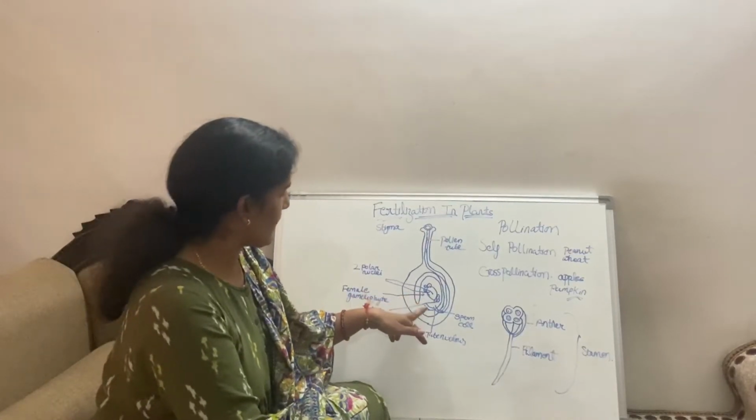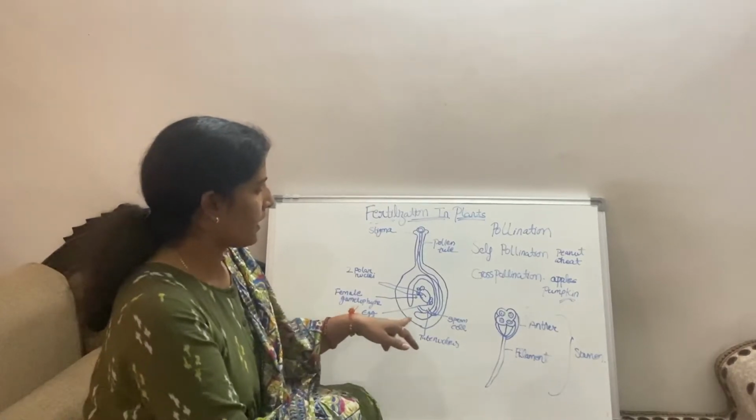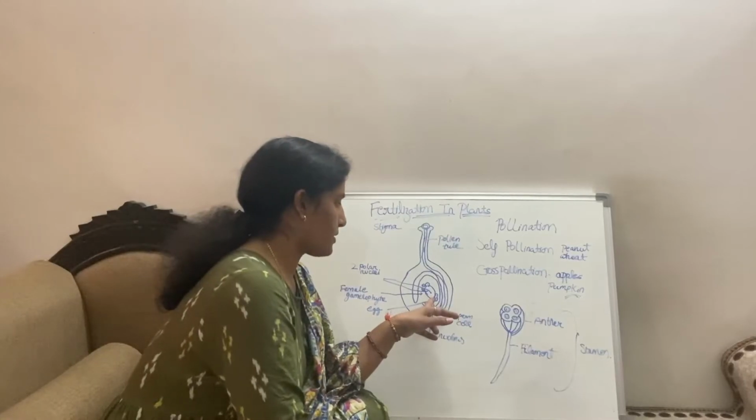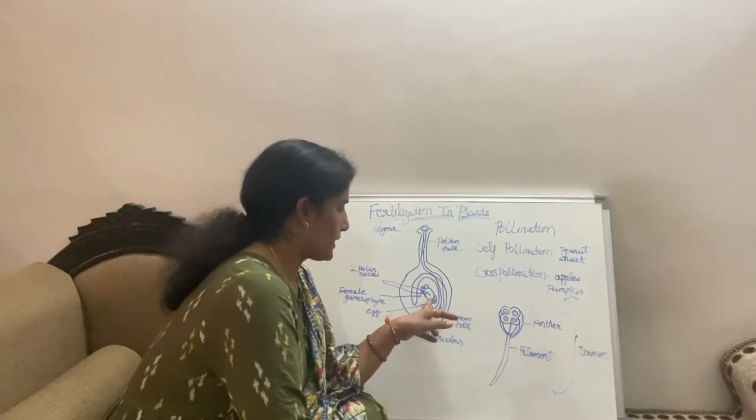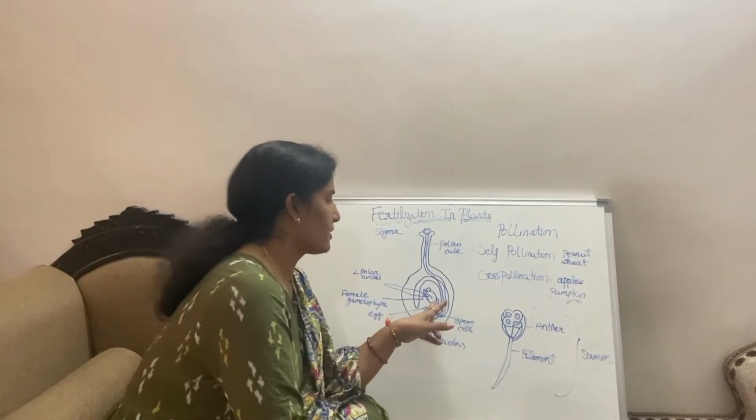Here are the polar nuclei, that is the female gametophyte egg, and this is the tube nucleus. After the formation of the embryo, this zygote further develops into an embryo, and the embryo further divides into the new plant.